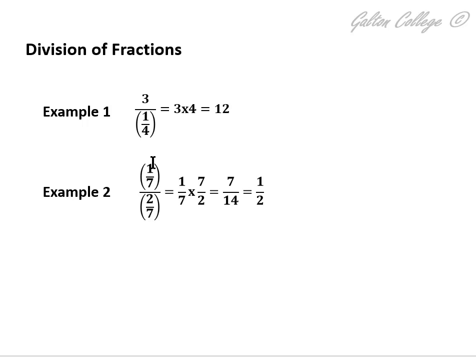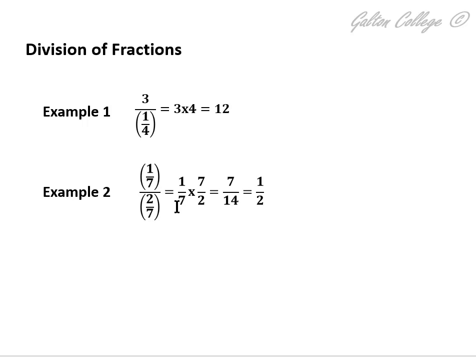We can do it for fractions. 1/7 divided by 2/7. Now, to divide by 2/7, we invert the divisor and multiply. So now we get 1/7 multiplied by 7 over 2. Well, the 7 and the 7 will cancel. This is a numerator and that's a denominator.